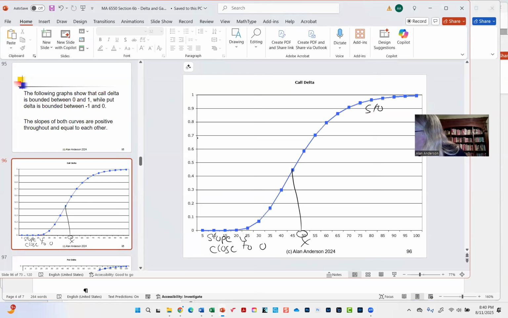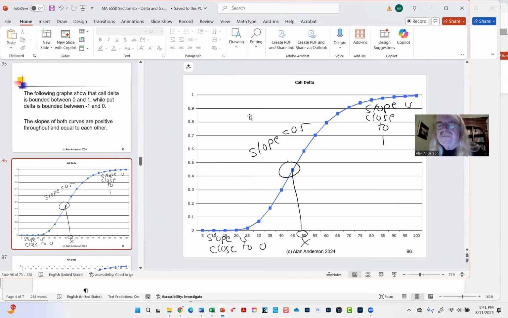Up here, the slope is close to one. Right around here, the slope is about 1.5. But it's always positive. And so this is the relationship between the delta itself and the underlying stock price. So you can see the delta changes when the stock price changes, or at least when there are large changes.